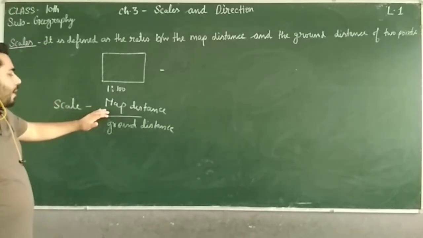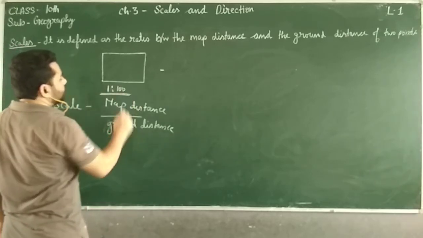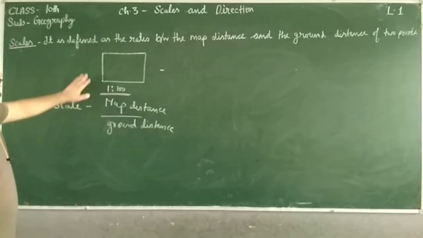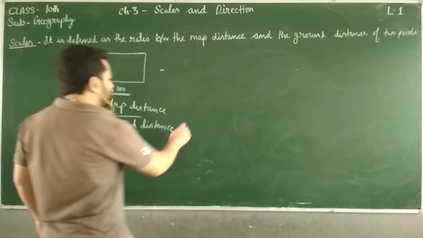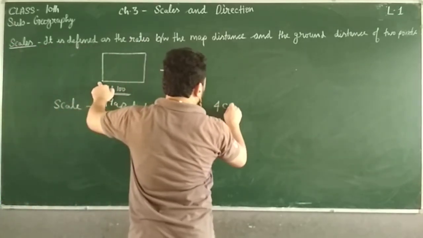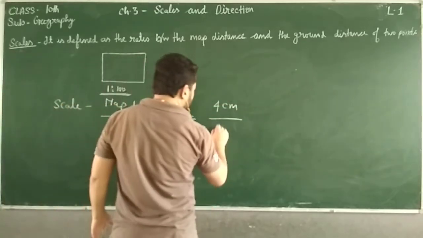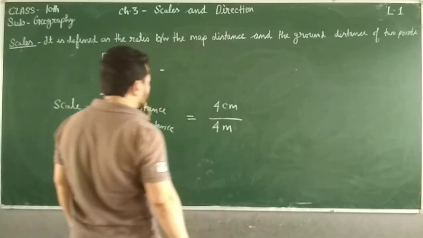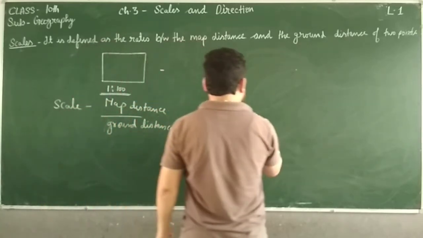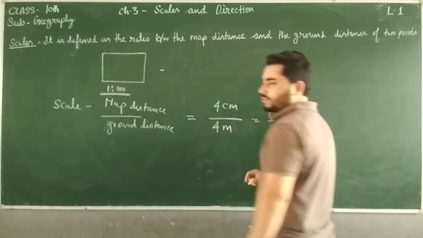So scale is what? Map distance over ground distance. Here I have written 1 is to 100. This is the scale of this. How is it coming? I have measured the distance from here to here is 4 centimeter, and the distance from there to there is 4 meter. Now when we solve it, we will change meters into centimeters.